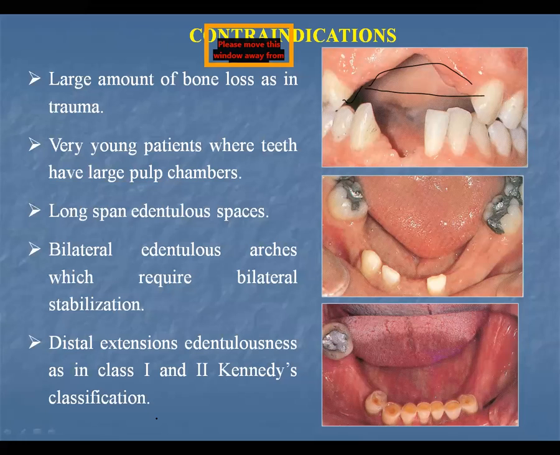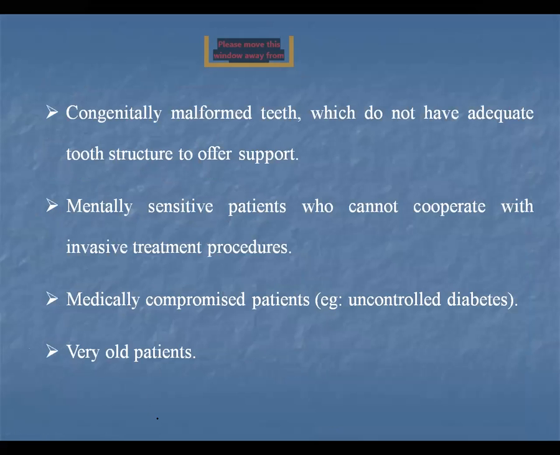The contraindications include long spans of edentulous arches. When the patient is having bilateral edentulous arches, the Class 1 and Class 2 cases of Kennedy's, in such patients we always prefer to give a removable partial denture. The congenitally malformed teeth should always be replaced for proper cosmetic purposes.